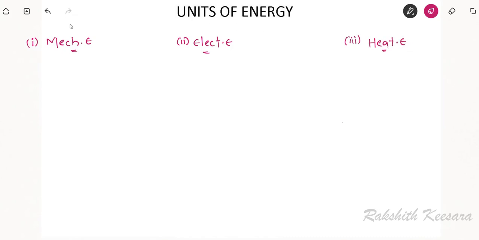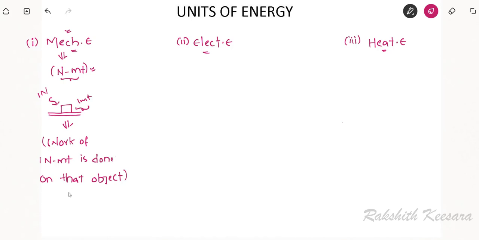So first let us see the units for mechanical energy. Energy is nothing but the ability to do work. So here the unit is Newton meter. Let us understand this. If there is an object and we apply a force of 1 Newton, and the object moves through a distance of 1 meter, then it is said that work of 1 Newton meter is done on that object.